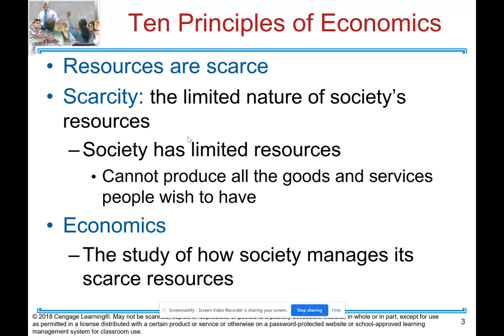That means society has limited resources or scarce resources. We cannot produce all the goods and services people wish to have. And so, in that respect, economics is defined as the study of how society manages its scarce resources.